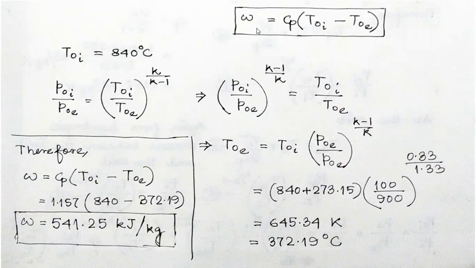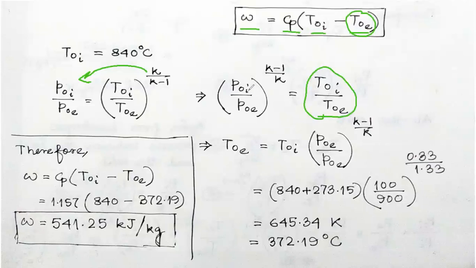So remember that we have to determine W as Cp multiplied by T0i minus T0e. So we have to determine T0e. In the last page we have seen that P0i by P0e is T0i by T0e to the power k by k minus 1. So if we transfer the power from the right to the left, it will be T0i by T0e is equal to P0i by P0e to the power k minus 1 by k.